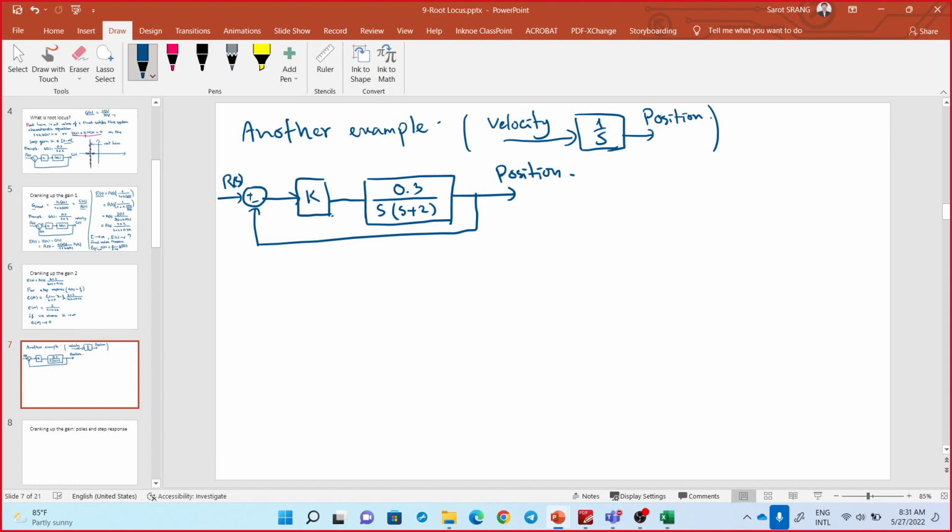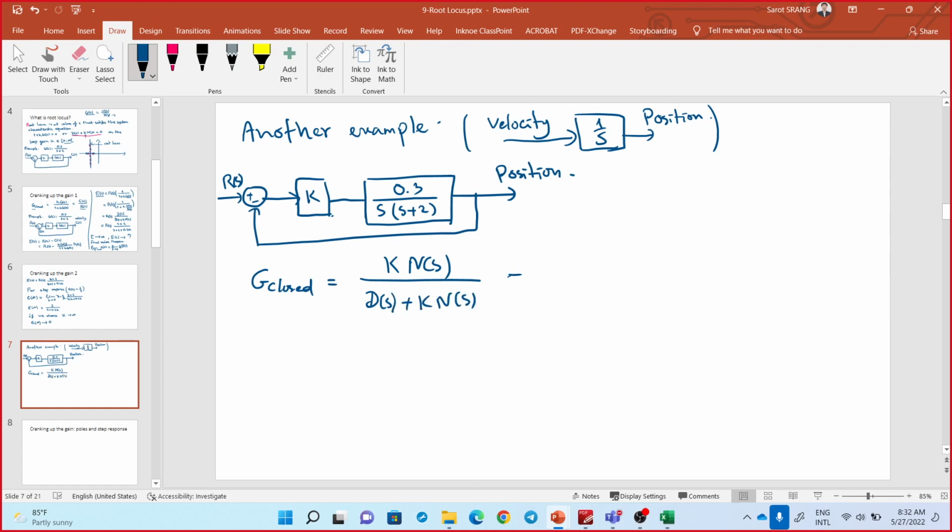Then follow the same process: first find the characteristic equation. G closed loop is kN over D plus kN.